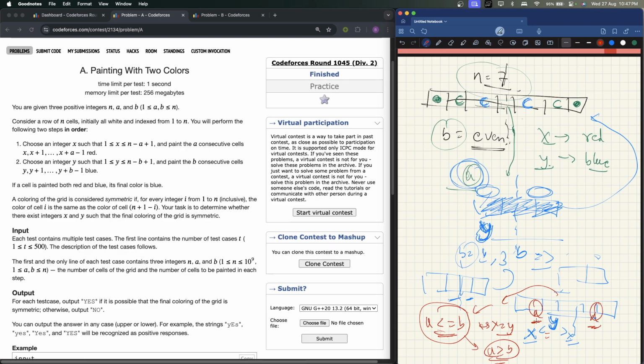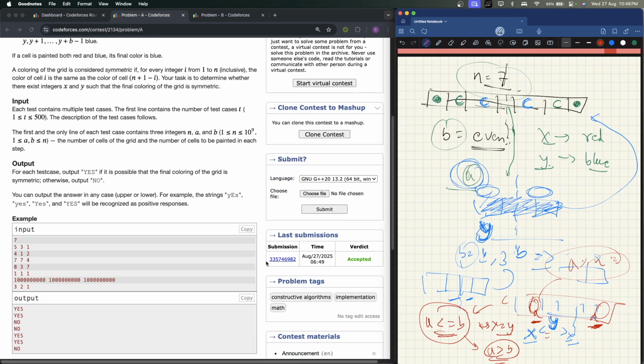Seeing this red color, again we have to think about the parity: the parity of a should be the same as the parity of n, to distribute them evenly on the left and right side. So that's the whole solution of this problem.